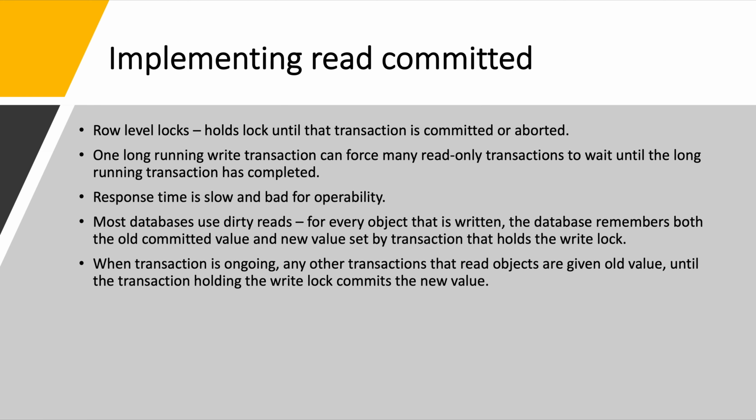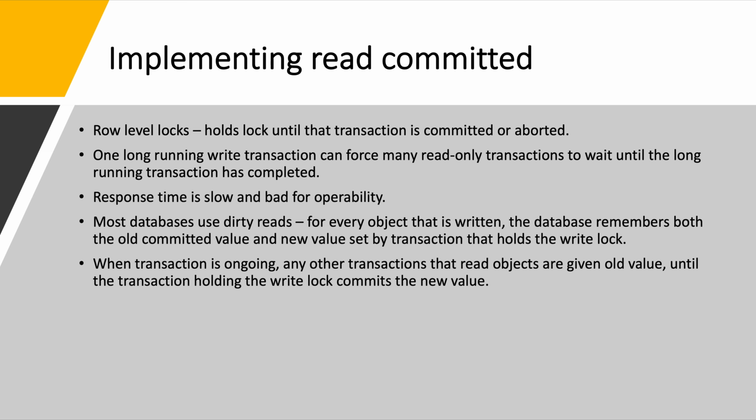Let's understand how we implement read committed. Read committed is a very popular isolation level, and most commonly databases prevent dirty writes by using a row level lock. It means that when a transaction wants to modify a particular object, either a row or a document or a record, it must first acquire a lock on that object, and it holds that lock until the transaction is committed or aborted.